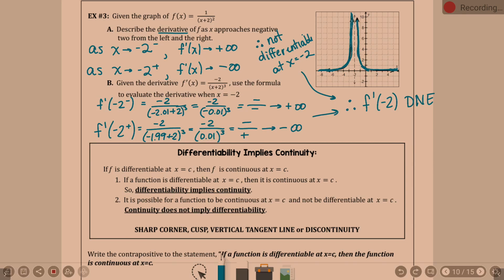If you can't tell me it's continuous, you shouldn't even have to ask yourself about differentiable. The automatic answer is no. Okay, so differentiability implies continuity. So what we get out of this, which is really handy to know, is if a function is differentiable at a point, then it is also continuous at that point. Okay?